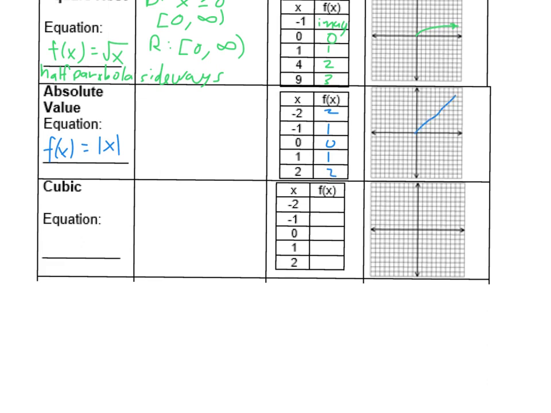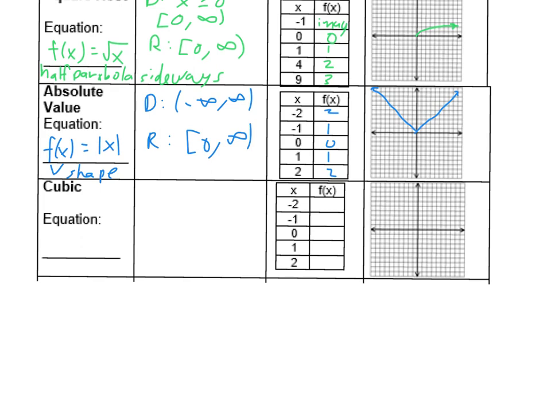And instead of making that U-shaped parabola, this one makes a V. And so it's diagonal straight lines instead of those curved lines on the parabola. Okay. All right, so our domain here is going to be, well, I see the graph going left and right forever, so that's going to be negative infinity to infinity. And then the range would be bracket 0 to infinity.